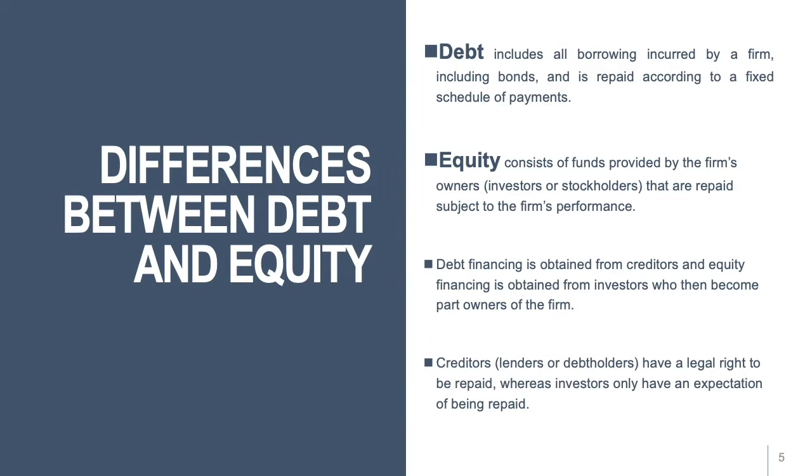So debt financing is obtained from creditors, and equity financing is obtained from investors, who then become part owners of the firm. Creditors have a legal right to be repaid, whereas investors, as the owners of the company, have an expectation of being repaid.